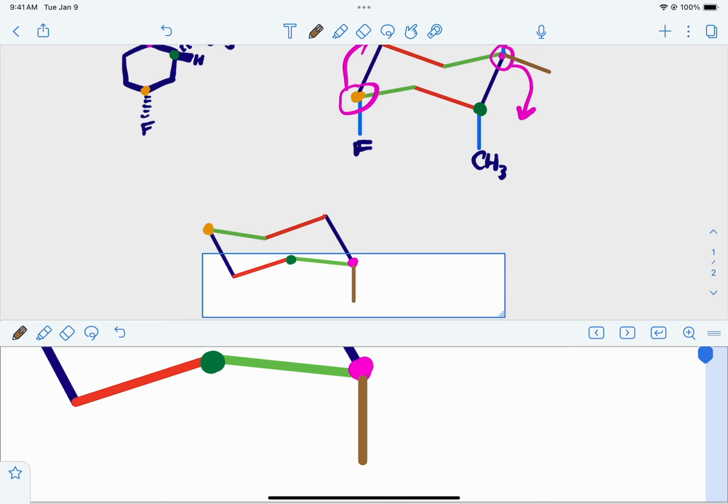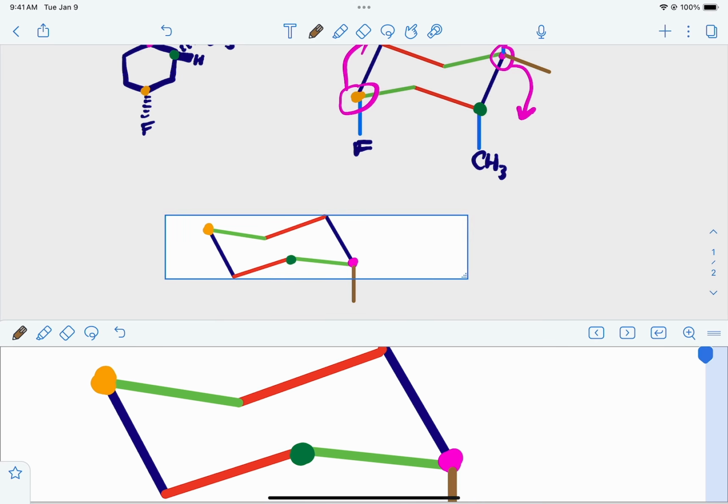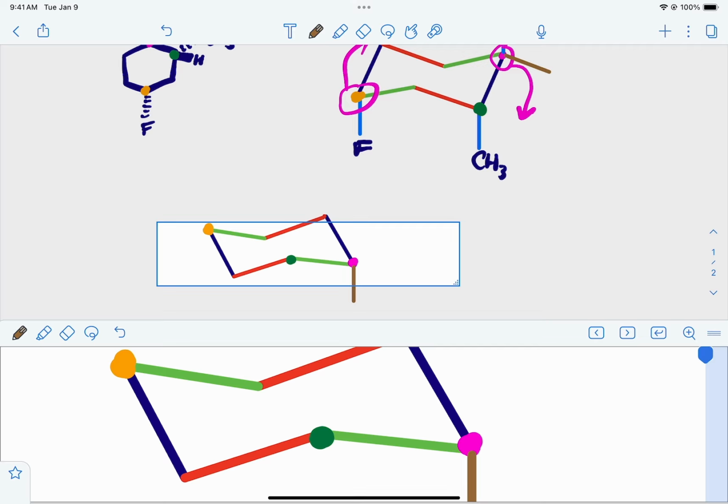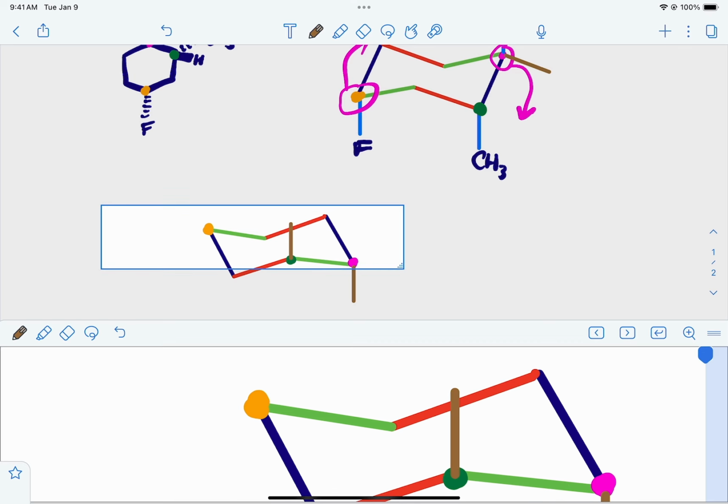Our green carbon will have its axial, it's an upward vertex, so it's going to have its axial group going straight up. And our orange carbon is an upward facing vertex, so it's going to have its axial group pointing straight up.